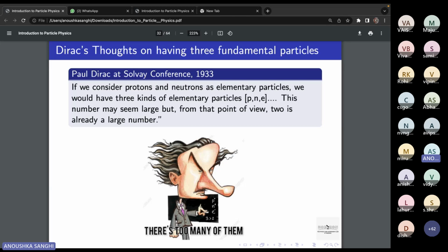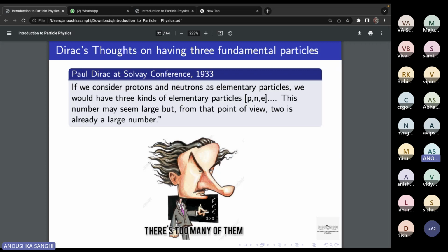Since we have come up with a better model, and of course today the standard model is accepted, we don't talk about it like that. That dyon was never found experimentally, so that's why we stopped talking about it. He talked about protons, neutrons, and some particle which would have magnetic charge and electric charge also, but that particle was not found.